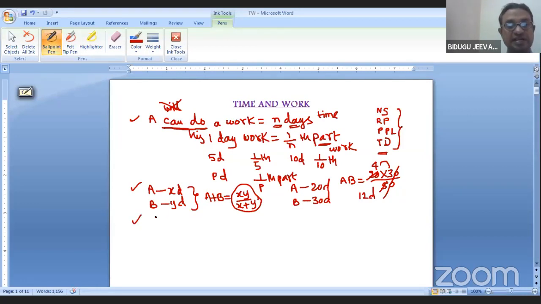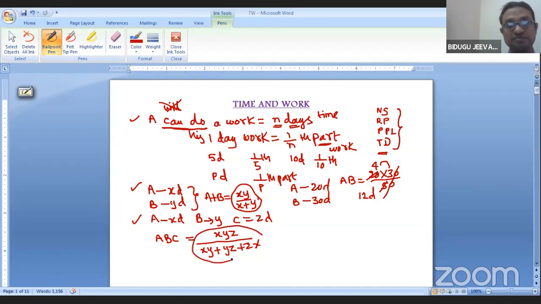Now, next one. I think this is clear. When two people are working together, the rule is xy by x plus y. Now, A can do in x days, B in y days, C in z days. All together, like 3 people doing the work, the rule is xyz by xy plus yz plus zx.